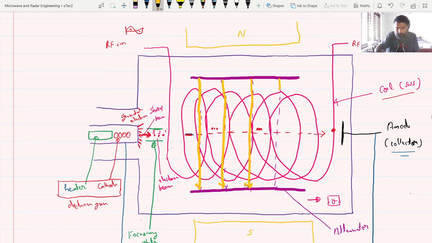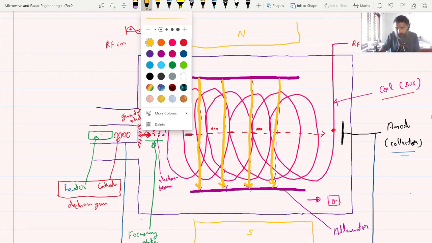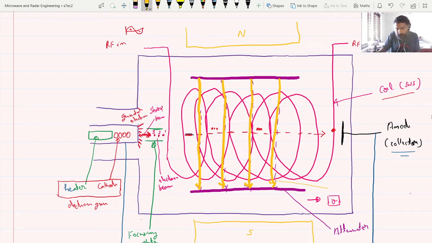What I indicate is nothing but the magnetic field. The magnetic field will move from north to south pole.